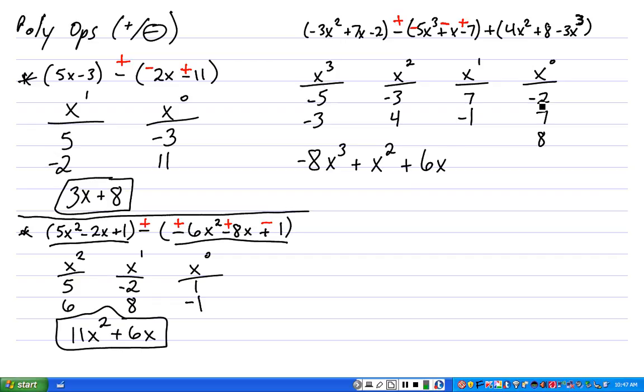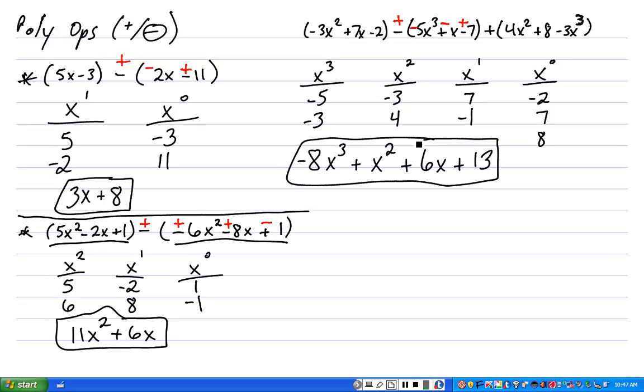Negative 2 plus 7 is 5. 5 and 8 is 13. Positive 13. There's our answer. Everything's been accounted for. Therefore, we are finished.